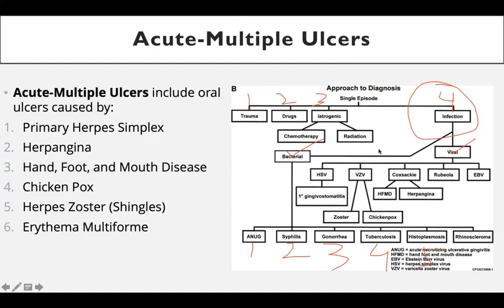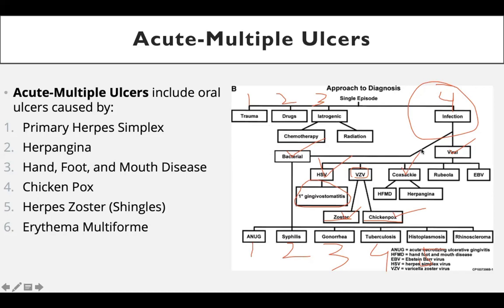And in viral, we have HSV, especially primary gingivostomatitis, especially in children. Then we have varicella zoster virus, VZV, causing zoster and chickenpox. Chickenpox is caused by the primary infection of VZV, and then in adults, zoster causes shingles.